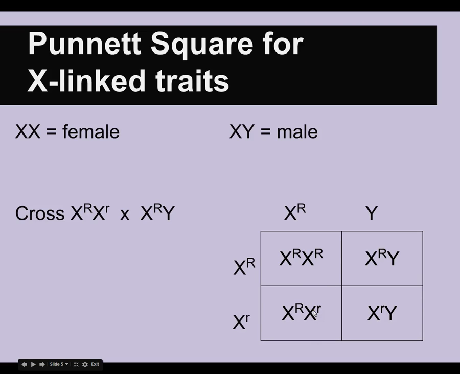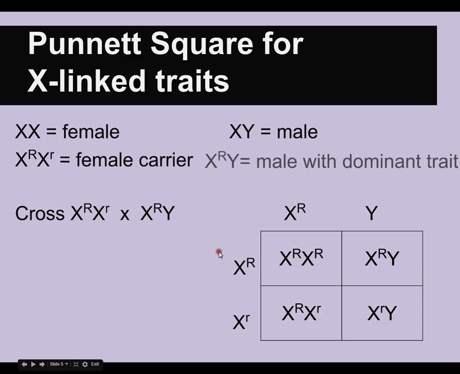So if we're talking about hemophilia, if the small r codes for hemophilia and the capital letter R is the normal phenotype, none of their girls would have hemophilia. This girl would be a carrier, but neither one would have hemophilia. In this case, this boy would not have hemophilia and this boy would. But the boy cannot be a carrier because he only has one X chromosome.